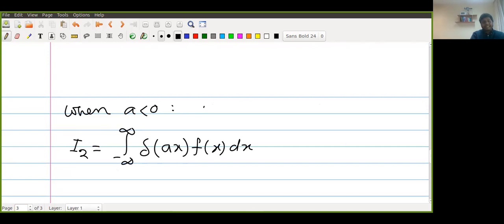But here a is negative, so whenever we substitute y equals ax, this will be dy equals a dx.